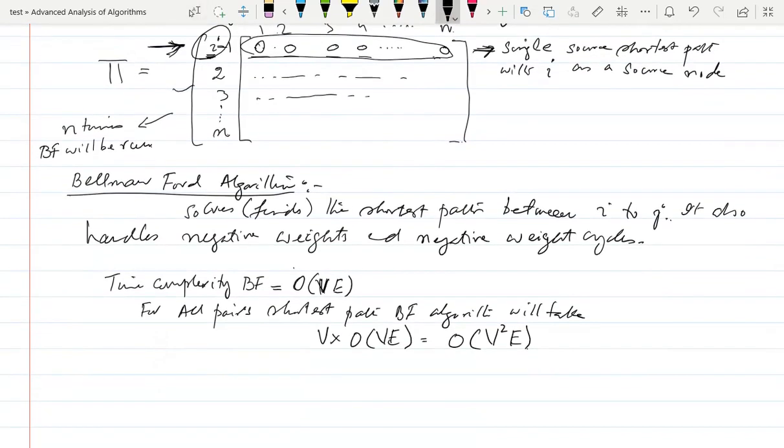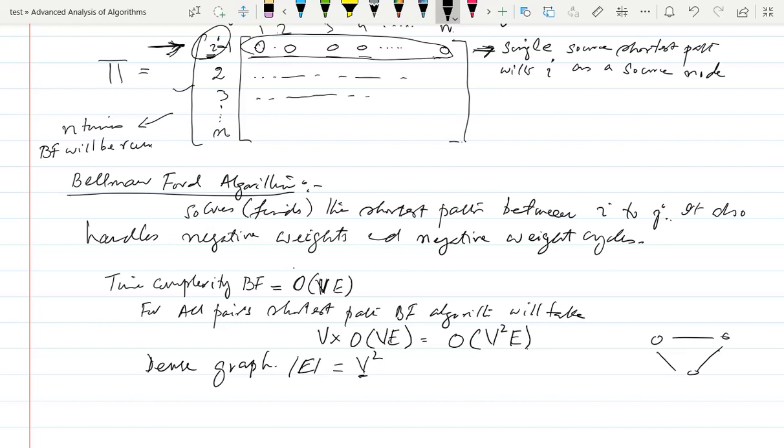But remember, in a dense graph, the number of edges is roughly equal to V square. That means each node is connected with every other node. So in this case, altogether we will get the number of edges almost equal to V square.